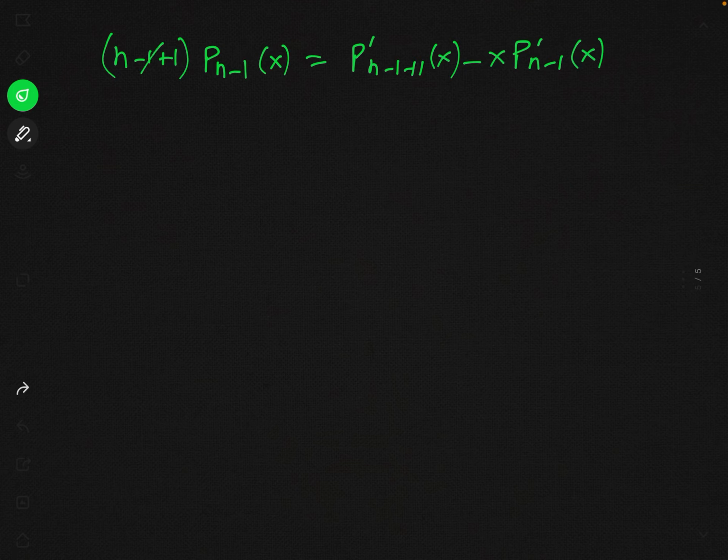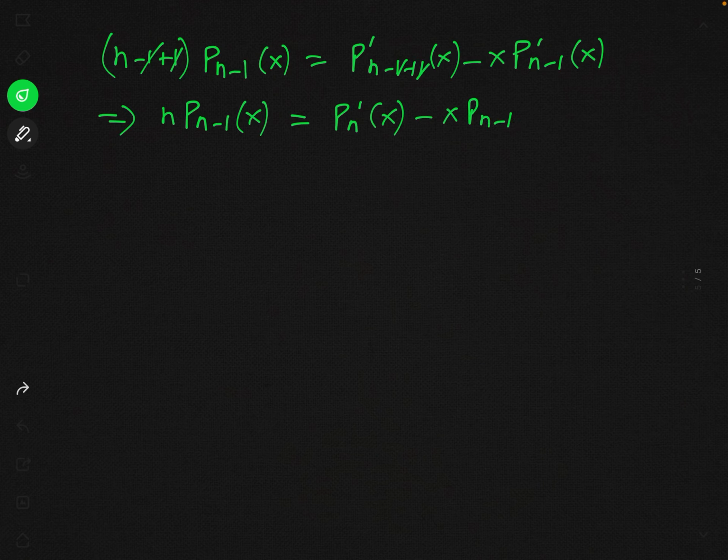So now you can see this 1 and this 1 will cancel out, and our result will be n into Pn minus 1 of x, and this equal to, here also this 1 and this 1 will cancel out. So this is simply Pn prime of x and minus x into Pn minus 1 prime of x.